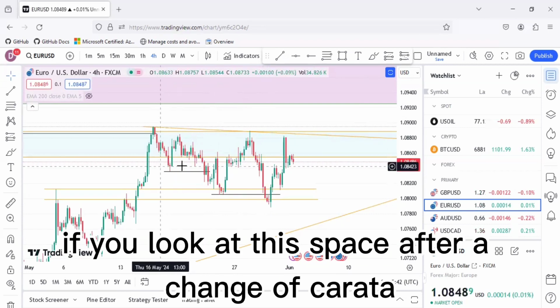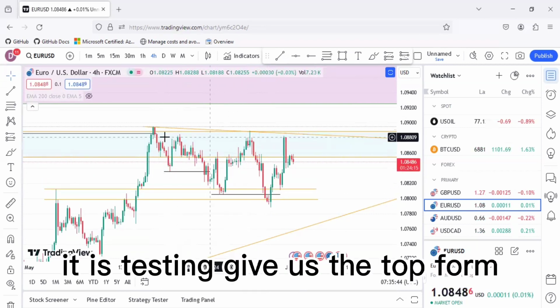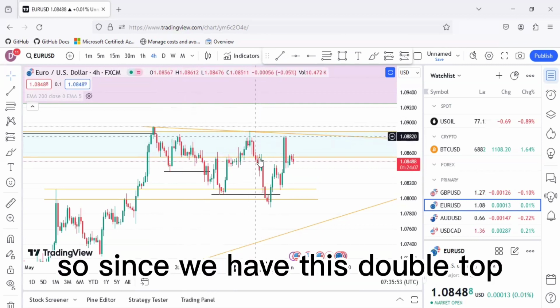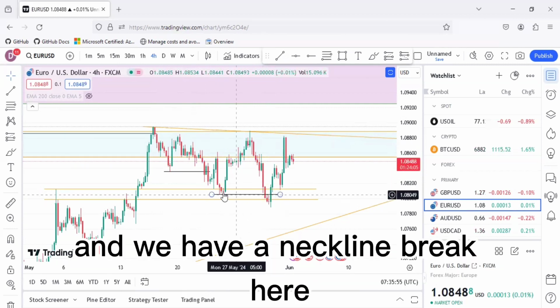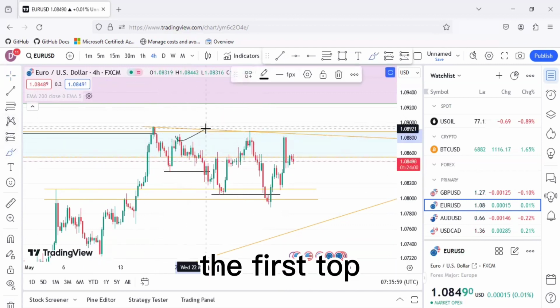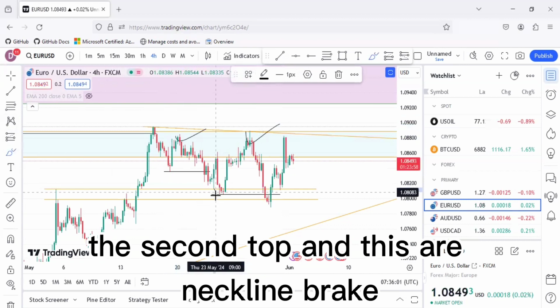If you look at this place, after a change of character and a retest, it gave us a double top from here. A double top sign means a change in trend. So since we have this double top, this is the first top, the second top, and this is our neckline break.